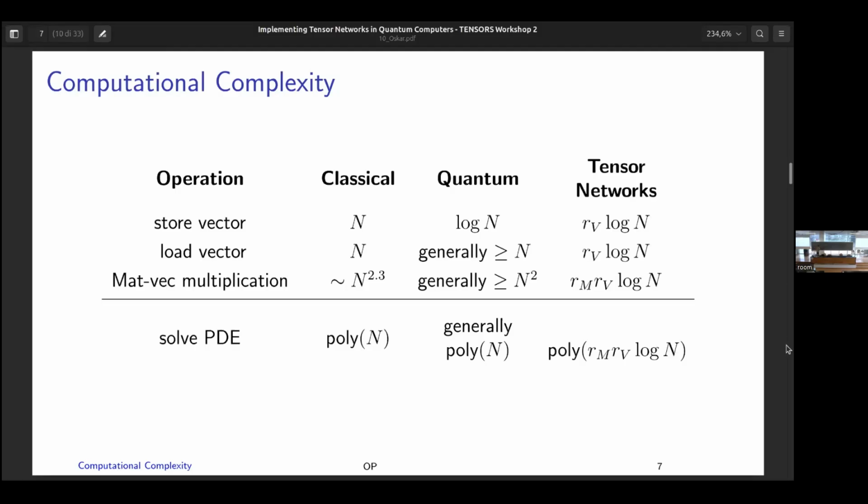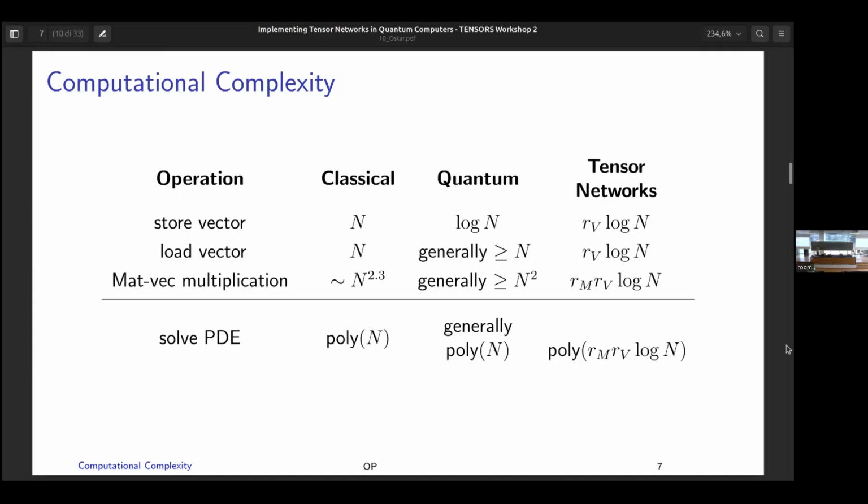For this, we have tensor networks, which are a classical tool that reduces the complexity of the algorithm from linear to logarithmic. For storing a vector, using the tensor train formalism, we reduce from linear to logarithmic, and for loading the vector, we just need to count the elements and load them.